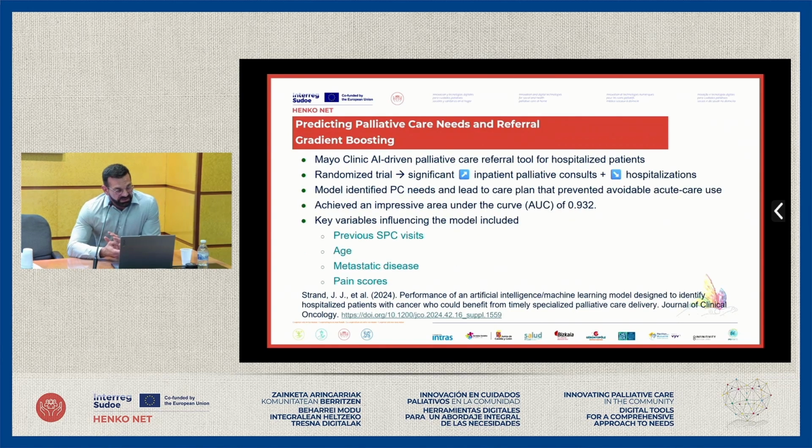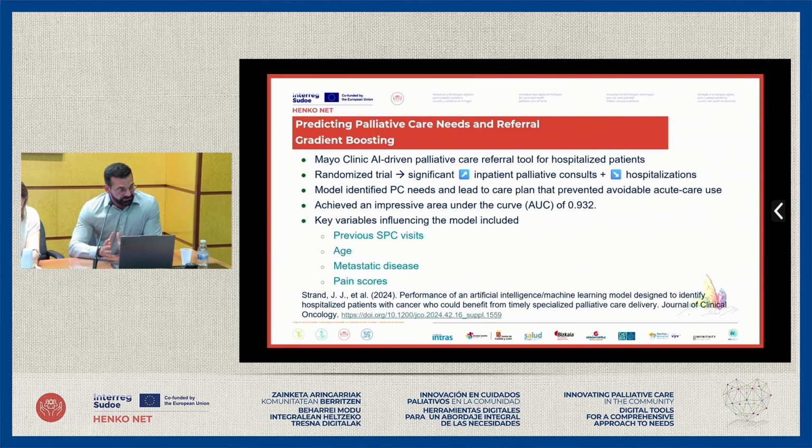And recently, the Mayo Clinic in the US presented at the ASCO conference AI-driven palliative care models specifically dedicated to predicting referral of hospitalized patients to specialized palliative care.